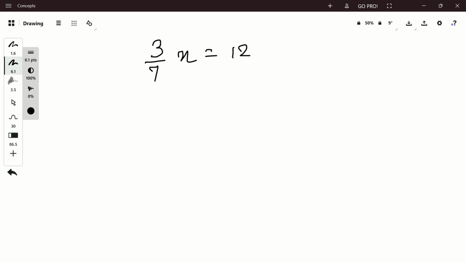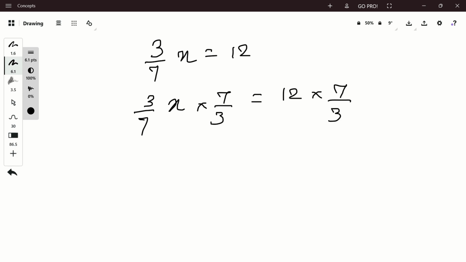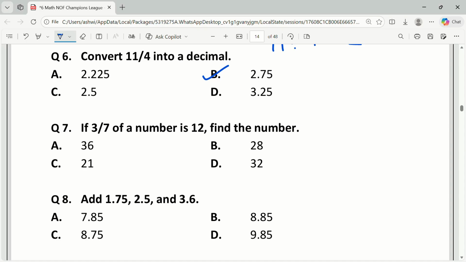Multiplying both sides by 7 by 3 to isolate x, we have x into 3 by 7 into 7 by 3, which is equal to 12 into 7 by 3. So x is equal to 12 into 7 by 3. That's x is equal to 28. Comparing with the options, the answer is B, 28.